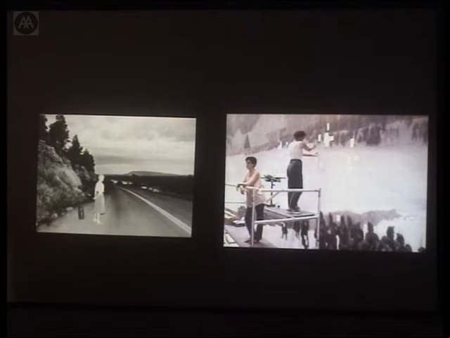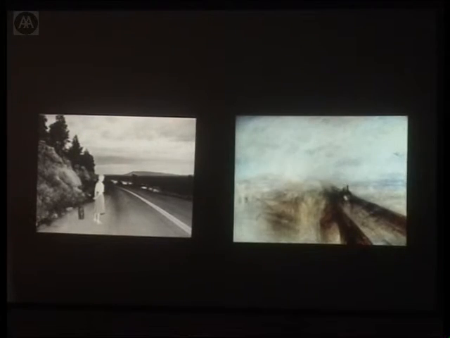This is an early black and white photograph of Cindy Sherman, an American artist, made in the 1970s, in which she referred to a whole body of works as film stills, and she appears in each of them in a different persona. And here she stands on the side of a road, receding into a kind of deep space, and this I think does bear comparisons with other kinds of pictorial conventions.